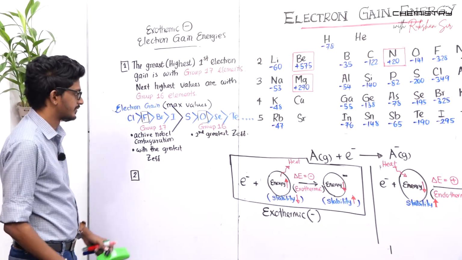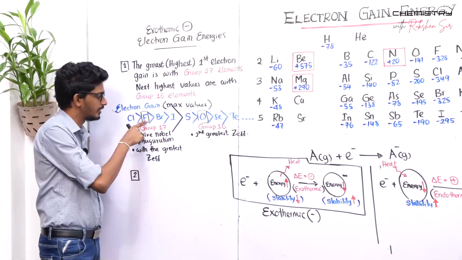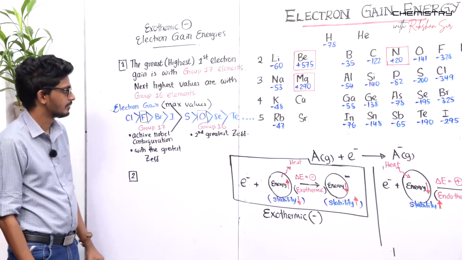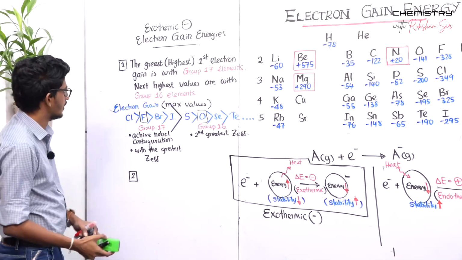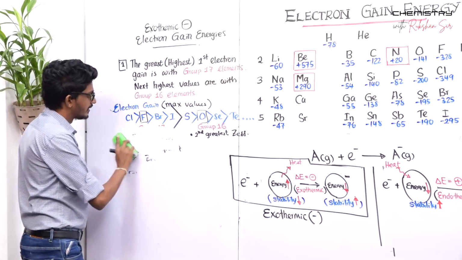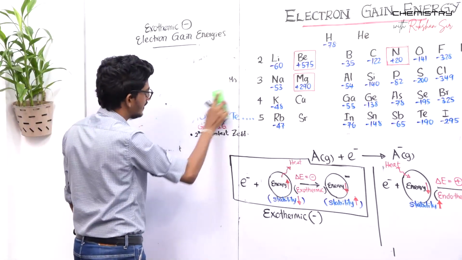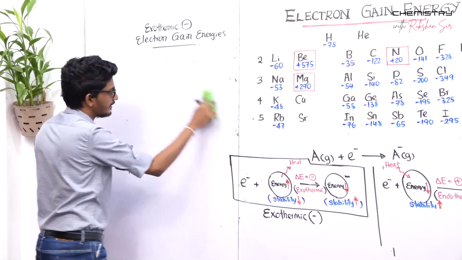Let's discuss two things: why the values are decreasing like this, and what happened to fluorine, the second guy. Number 2, the second consideration about these electron gain trends.